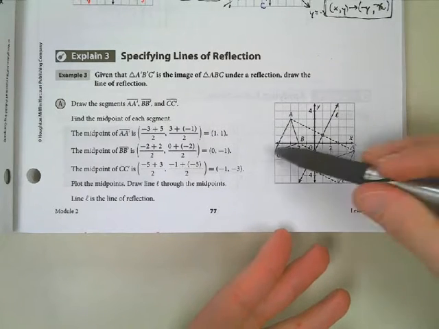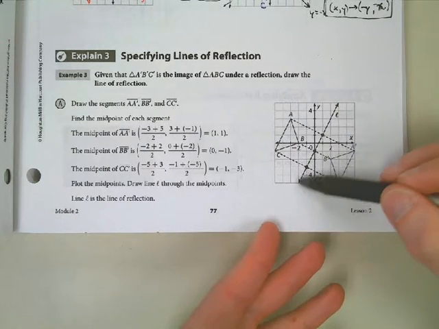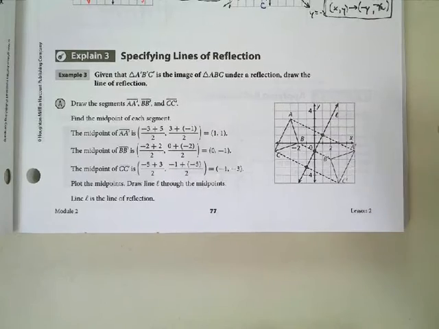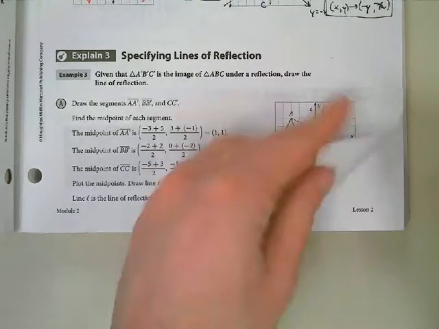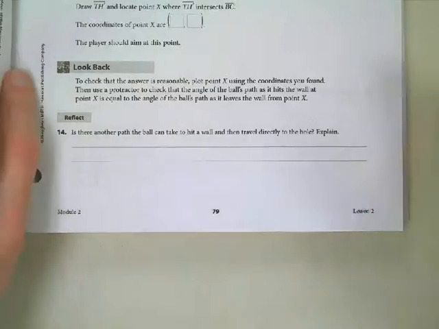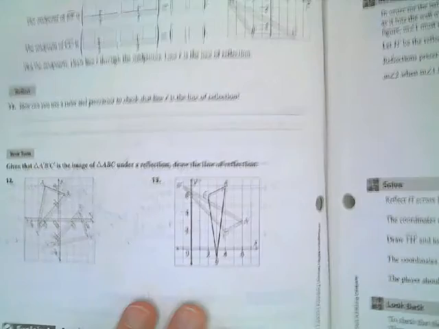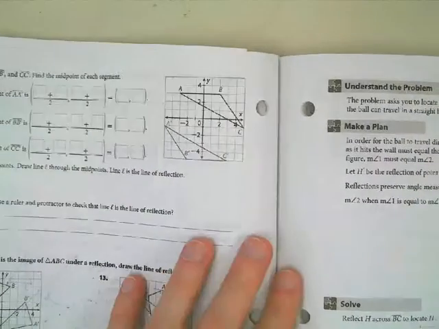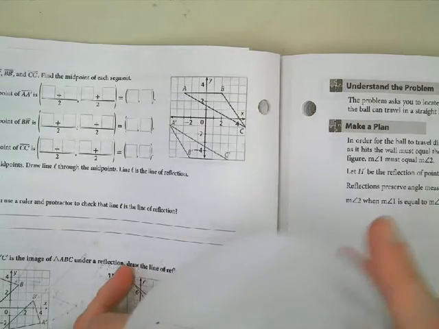Alternatively, I'm going to show you another way. All right, so let's look here for letter B. You can also do this using your patty paper. So let me show you with the patty paper here. Let me scratch out my previous work here.